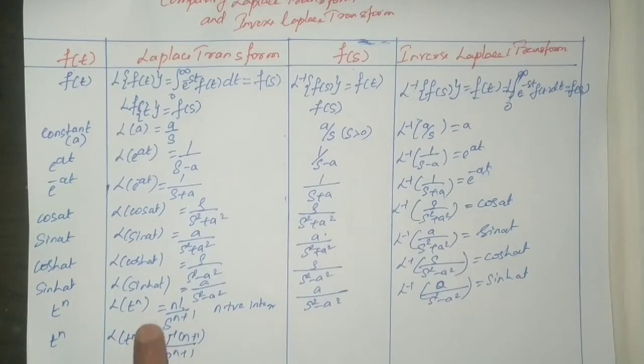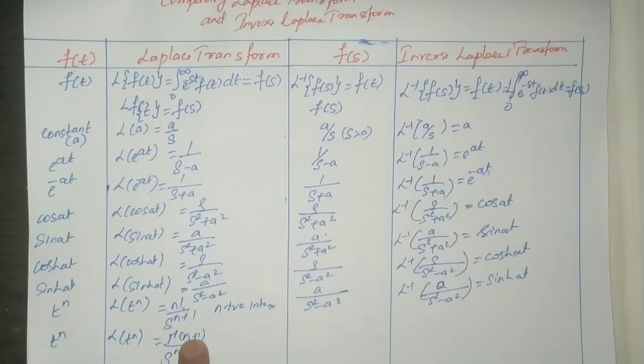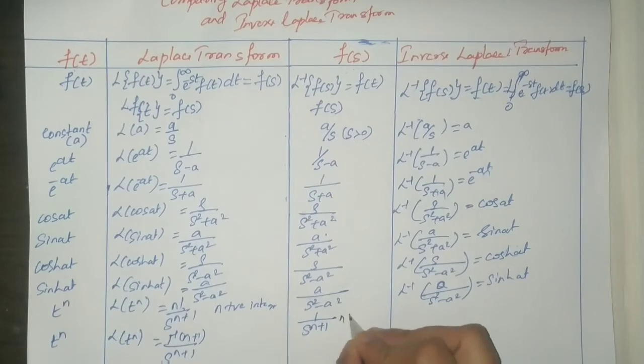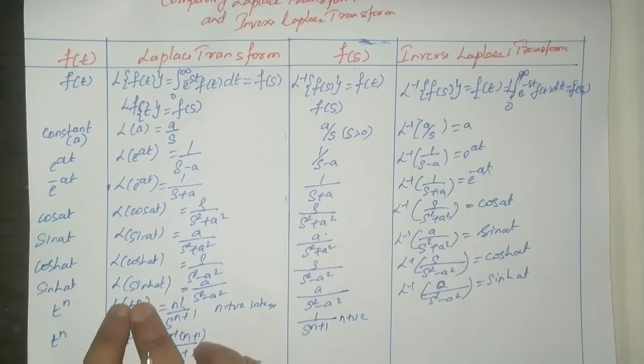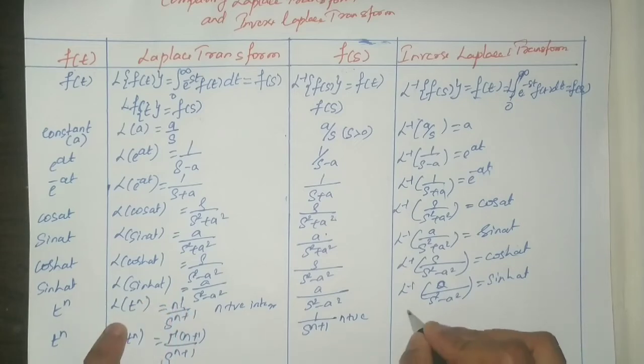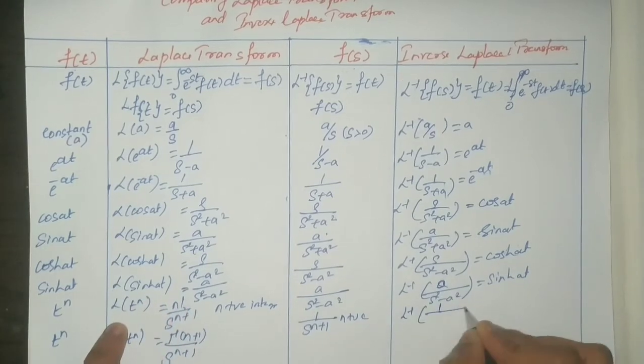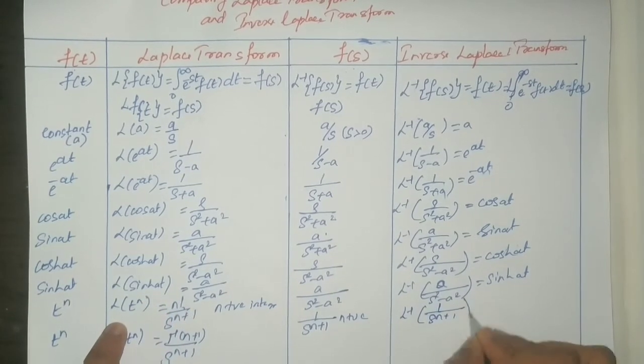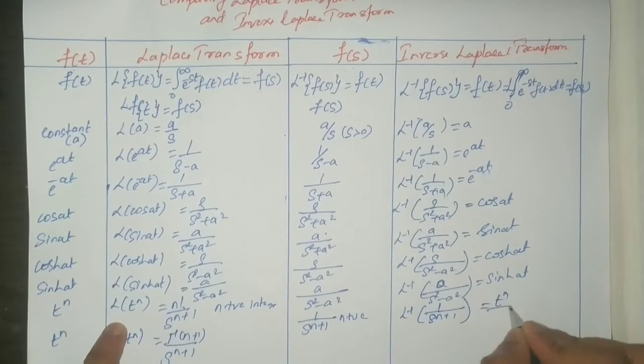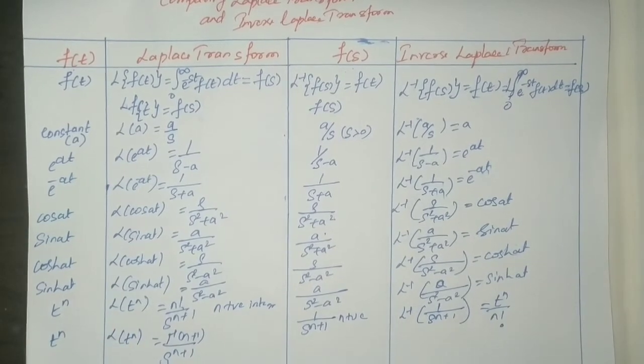So here one small change: n factorial and gamma of n plus 1 are treated as constants. So we will write here 1 by S to the power n plus 1, and you can use this when n is positive. Just see here, t to the power n, take this n factorial to the denominator. So L inverse of 1 by S power n plus 1 will be t to the power n by n factorial.